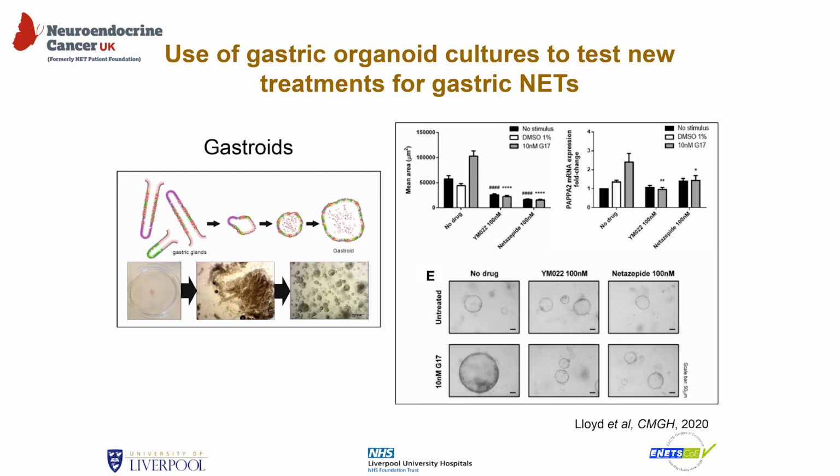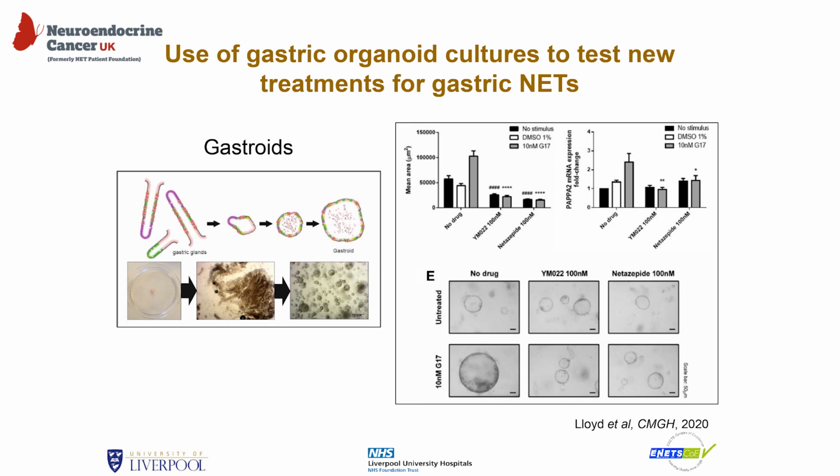So we did that with gastrin and with netazepide in some research that we've recently published in the journal Cellular and Molecular Gastroenterology and Hepatology. In the right-hand image, we show that when we treated these gastroids with gastrin, they increased in size.